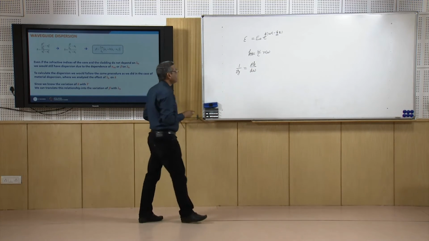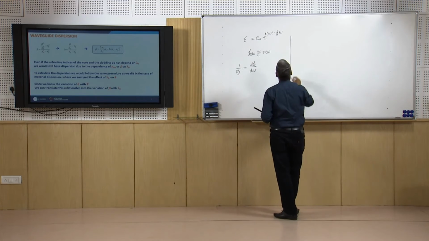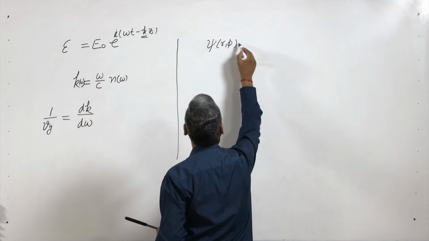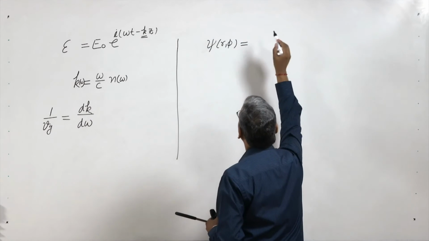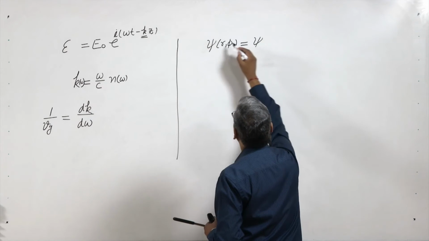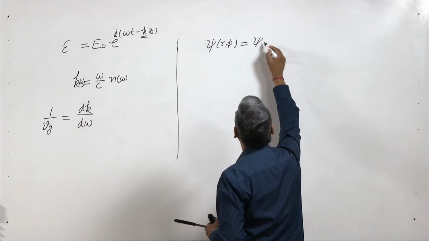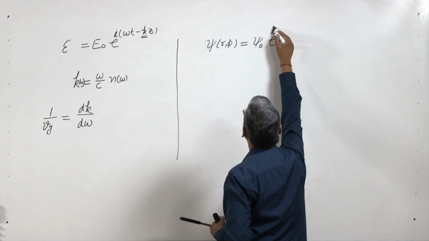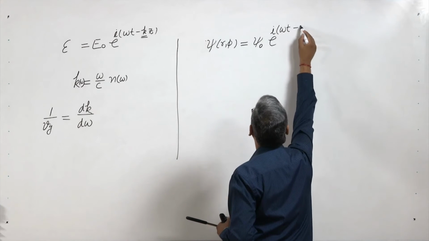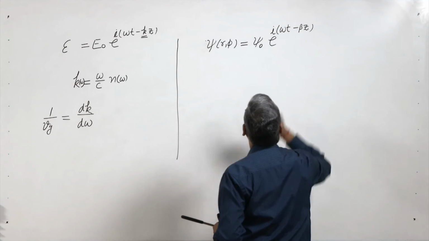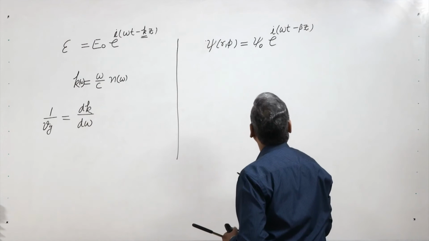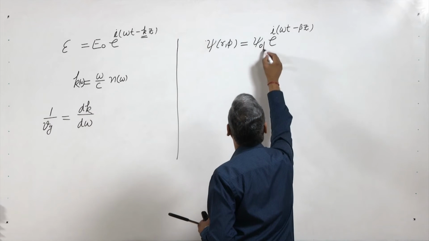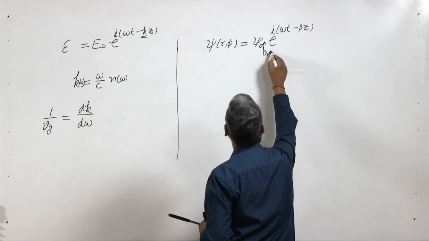And these modes propagate as psi(r, phi) is equal to psi 0 e to the power i(omega t minus beta z), and this is a function of r and phi both. This is not a constant, this is a function of r and phi.